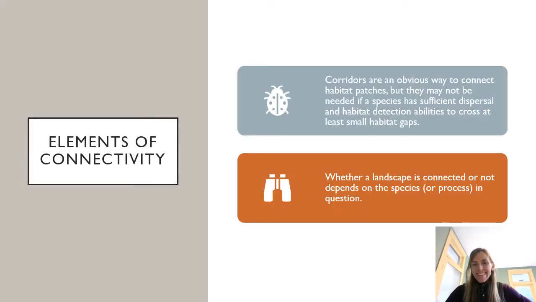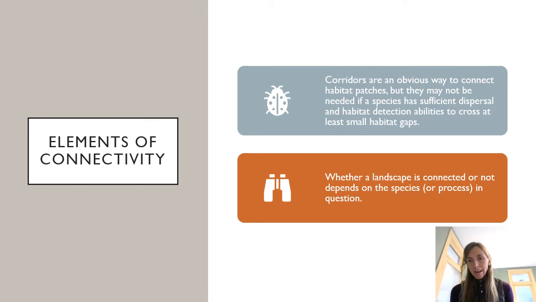So we'll hit this concept over and over again. Corridors may seem like an obvious connection between habitat patches, but they really might not be needed if the organism in question has the ability to detect and at least cross small habitat gaps.